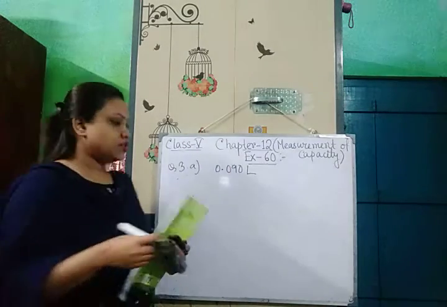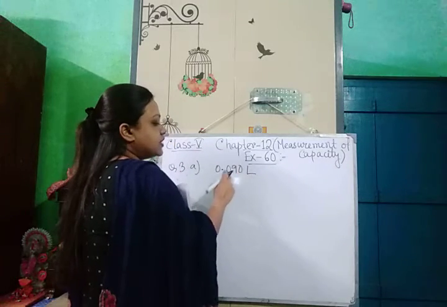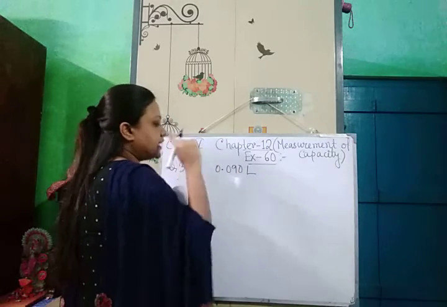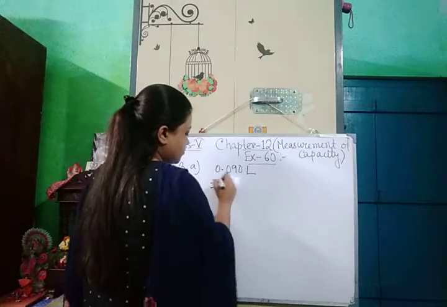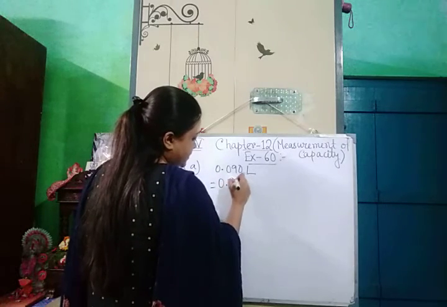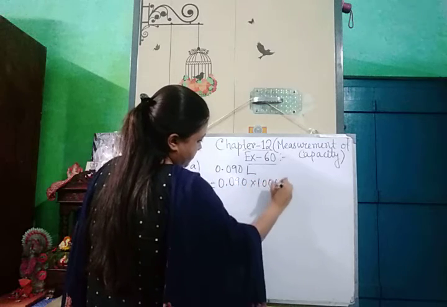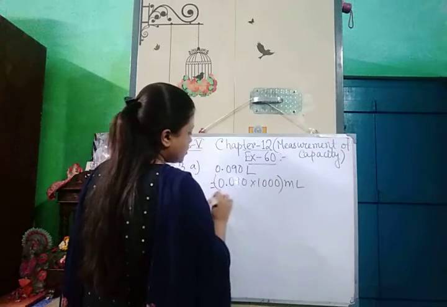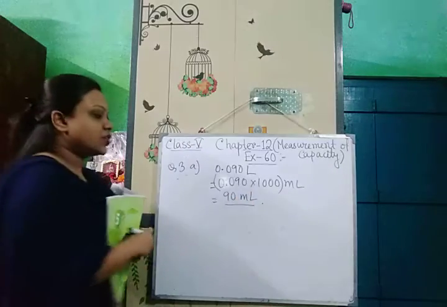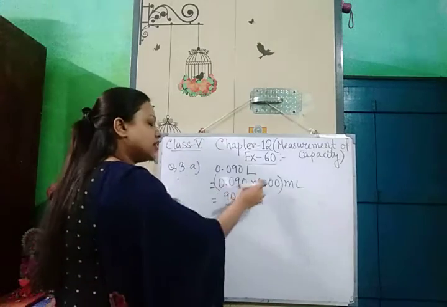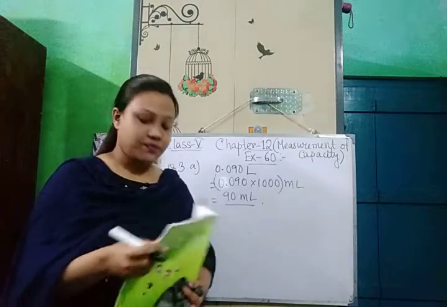Okay, so how can we do this one? We have to multiply 1000 with liter to get ml. So we can write 0.090 into 1000 ml. So it will be 90 ml. Okay, because the point will move to the right 3 places, so it will be 90 ml.